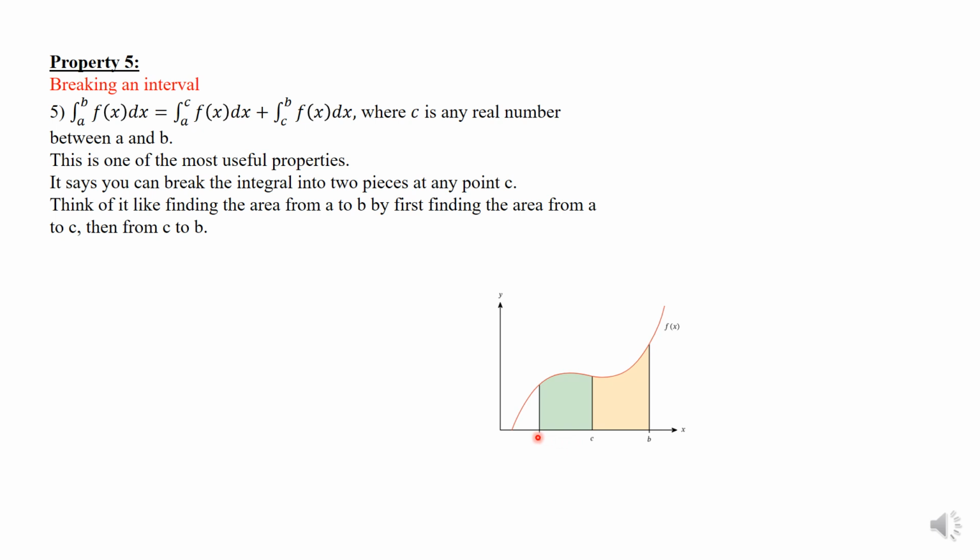You can split it into the area from a to c, then from c to b. So think of it like finding the area from a to b by first finding the area from a to c, then from c to b. As a result, the integral from a to b of f of x dx is the integral from a to c of f of x dx plus the integral from c to b of f of x dx, where c is any real number between a and b.